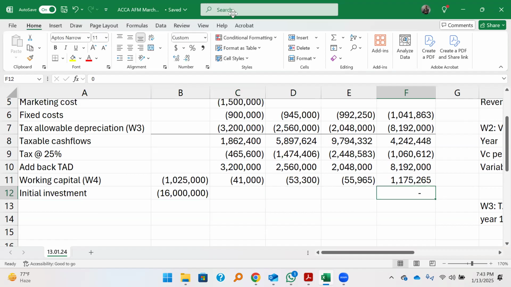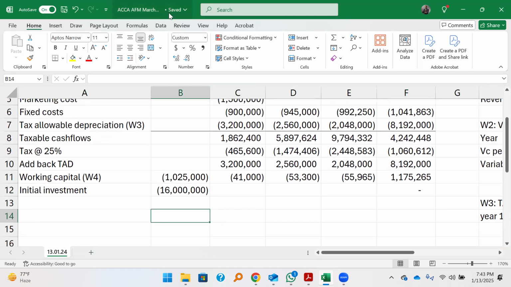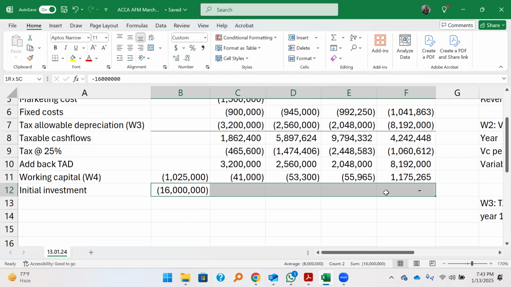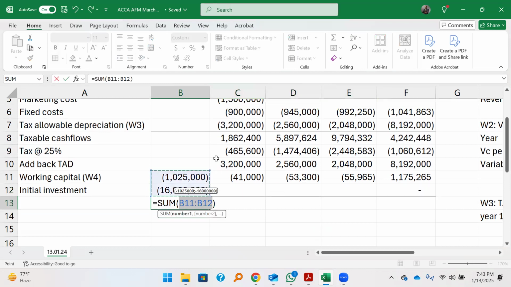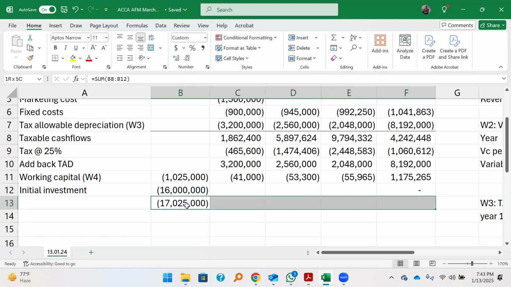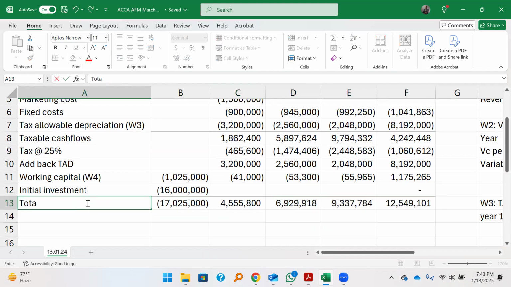You have a choice where you put it. But basically after that, then you have all your cash flows. Now you can add everything up together and get your total cash flows.